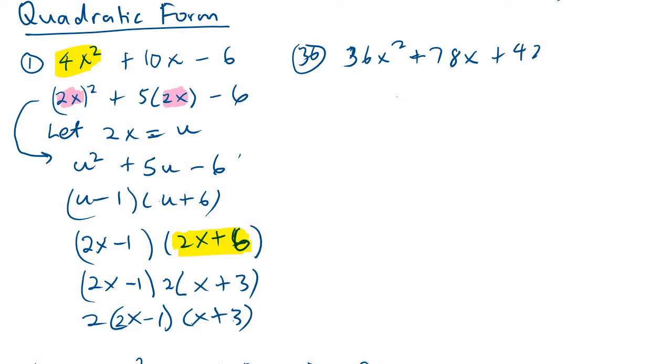So we're going to write it in quadratic form. Okay, so we're going to start with what we multiply by itself to give me 36. That will be 6, and that will be x. All right, and then 6x squared. That is easy. We go over here, we put the 6x over here. We need 6 times something that will give me 78.